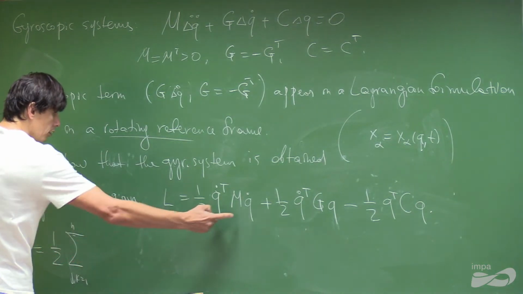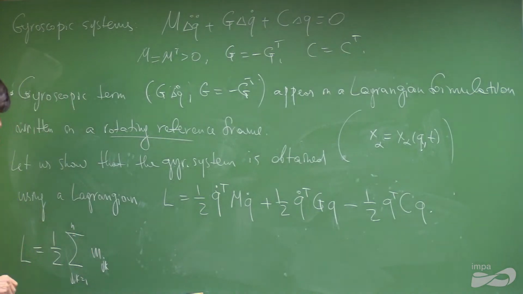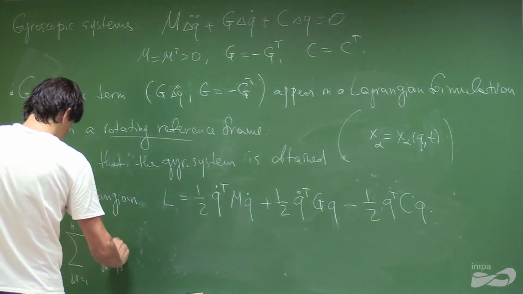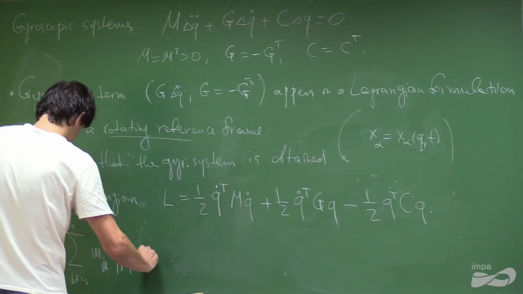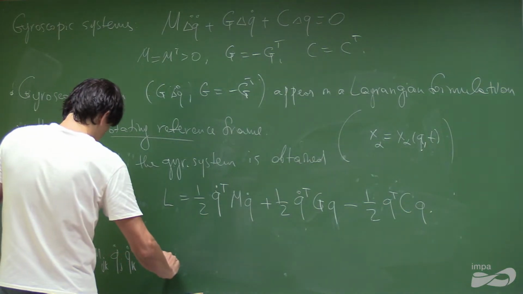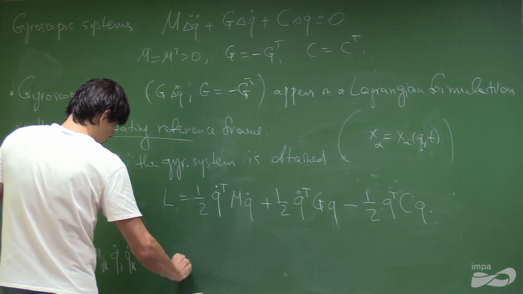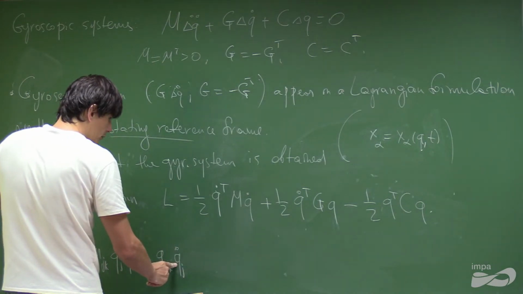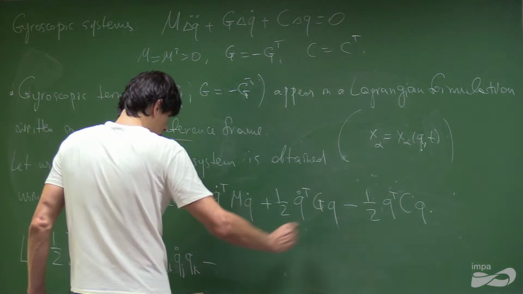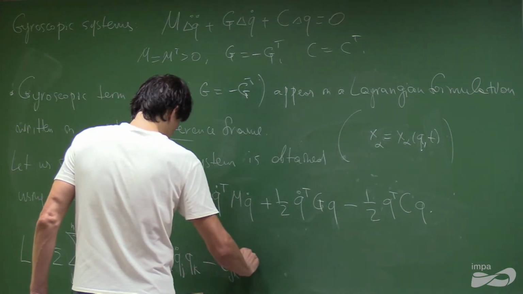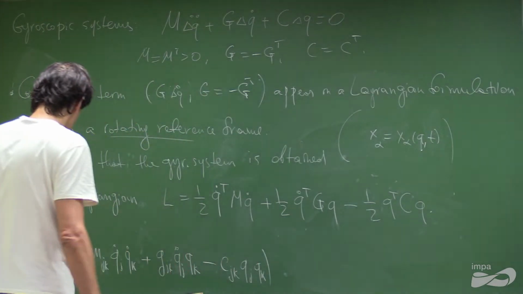And there will be mass component m_jk, q_j dot q_k dot, then this gives you plus g_jk, so this is component of matrix G, but on one side it's multiplied by velocity, on another side it's multiplied by coordinate, and then minus the last one, c_jk q_j q_k.